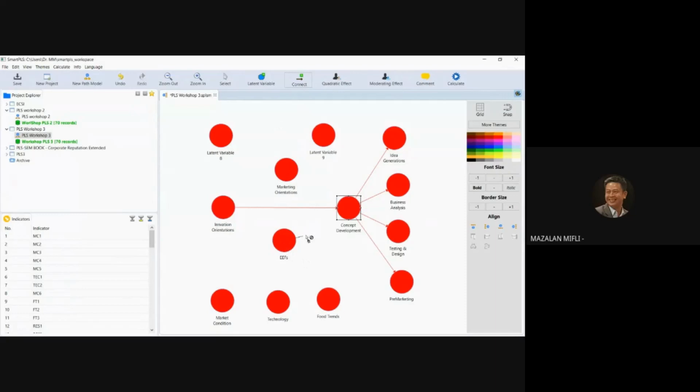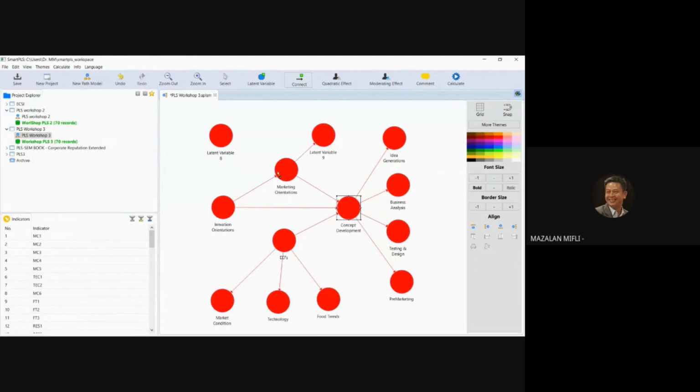moderators. So it's gonna connect it just like this, and with a reflective of market conditions, technologies, and food trends. And this is my mediators. I'm just gonna throw it like this, right?